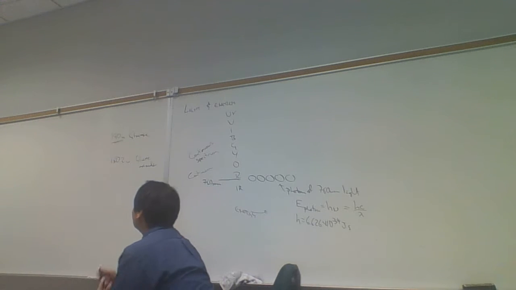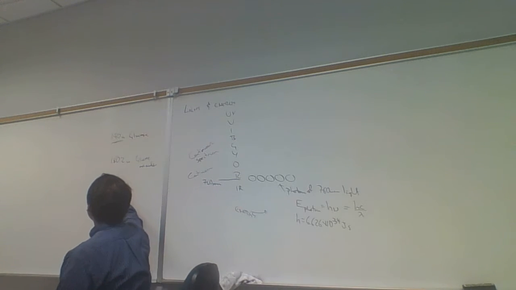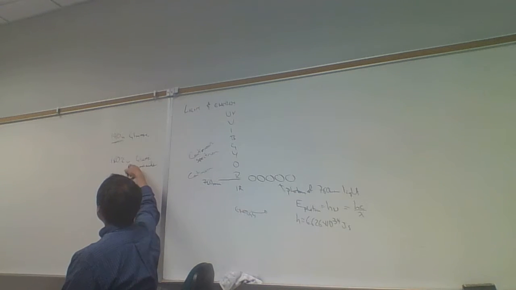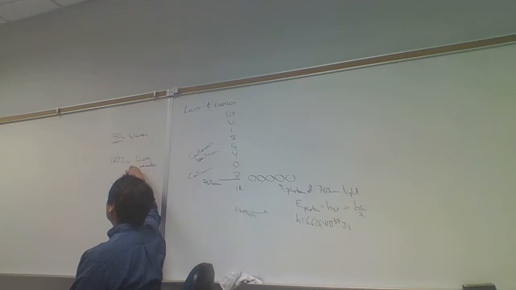So I could get 180.2 or I could get 360.4 u. And so this is what's meant by discontinuous. There's going to be a big jump. I could have one molecule or 2 molecules, but I can't have 1 point whatever or a fraction of a molecule. It just doesn't work that way.